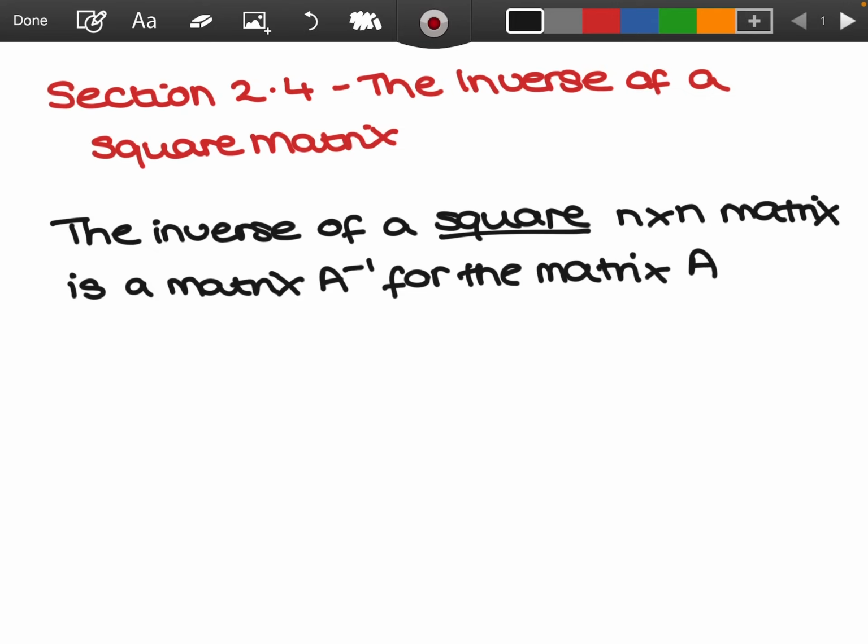So the inverse of a matrix A is given by this matrix A inverse, such that these two properties hold true. Okay. So when I multiply A by A inverse on either the left or the right, because remember from our matrix multiplication discussion in section 2.3, we know that we don't always get the same matrix back when we multiply a matrix by another matrix on the left and the right.